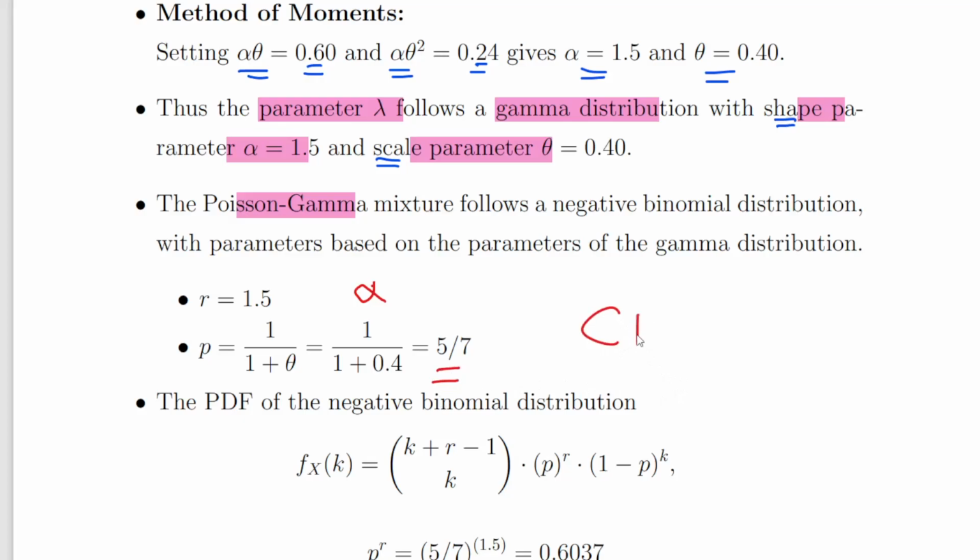Now, just as a quick remark, care must be taken here. The reason is that there are multiple specifications of the gamma distribution and multiple specifications of the negative binomial distribution. Just remember that they need to match up.